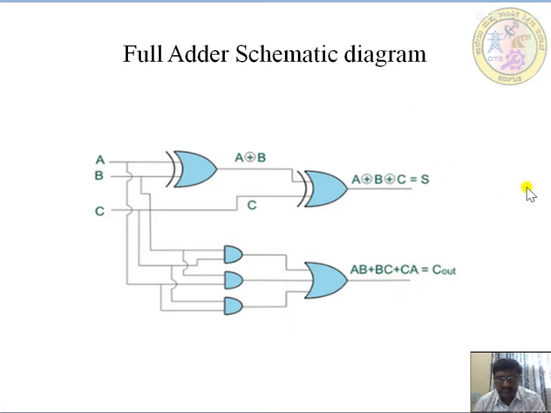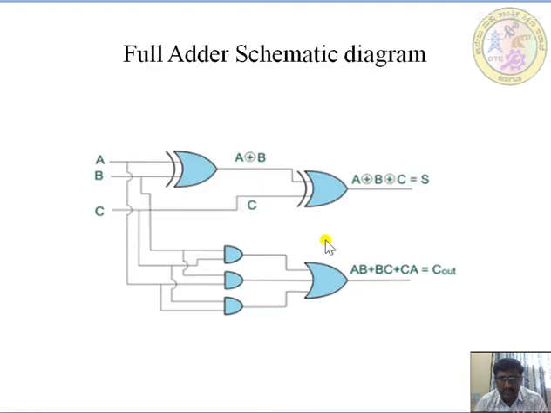So this is the schematic diagram of a full adder. For sum it is 2 XOR gates, that is A exclusive OR B exclusive OR C. For carry it is 3 terms: AB plus BC plus CA.